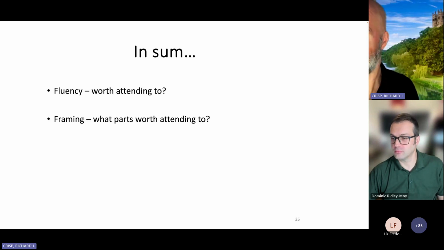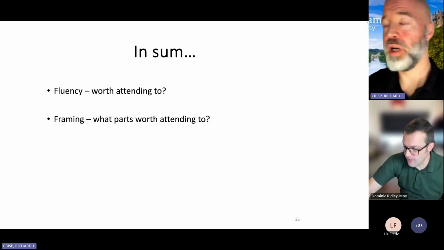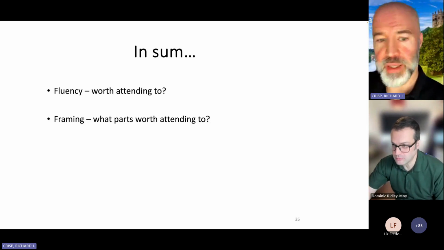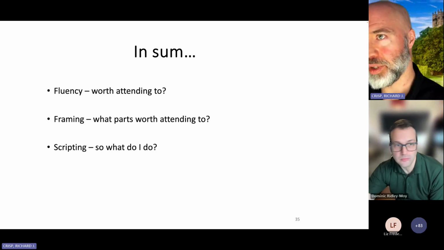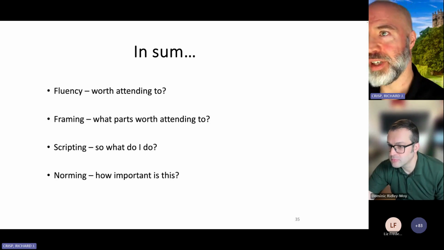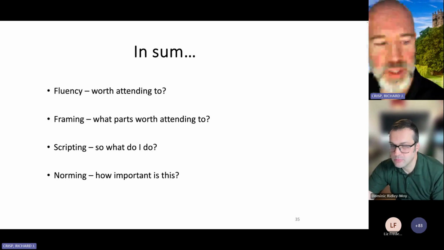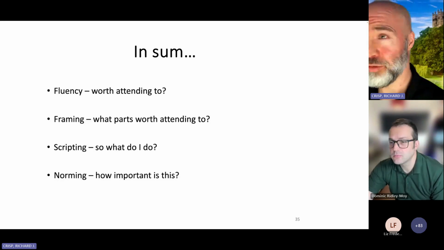Think about framing so that you get them to attend to the right parts of the information, or indeed see it in the right way. Scripting gives them a clear set of steps to go through once they've accepted the message, and norming gets them to feel this is something I really want to respond to.